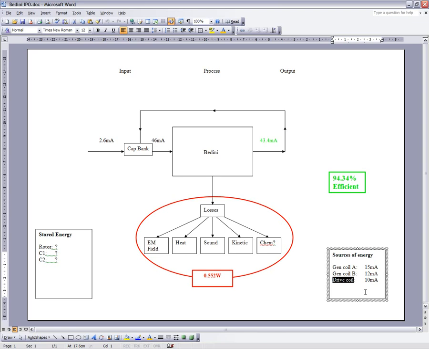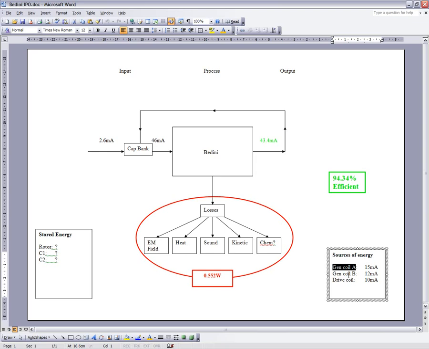Roughly, it varies, and there are inaccuracies with the multimeter, etc. So I've just given it a round figure of about 10 milliamps. Gen coil A, that's the windings around the back of my drive coil, is producing approximately 15 milliamps.